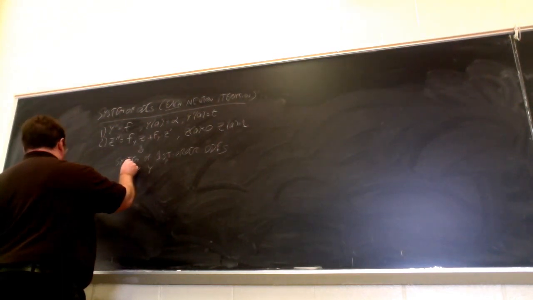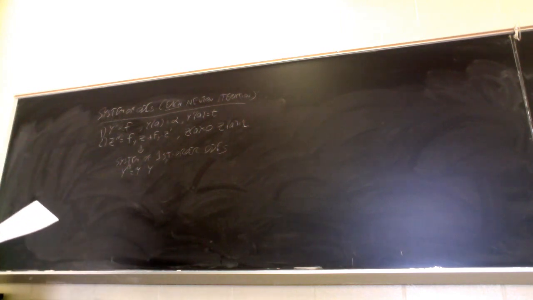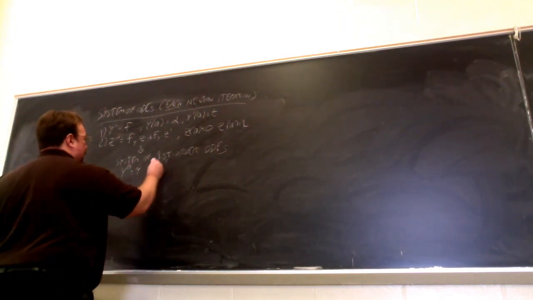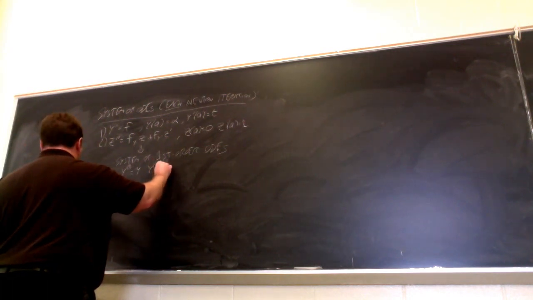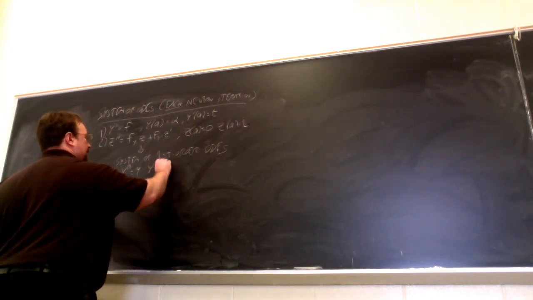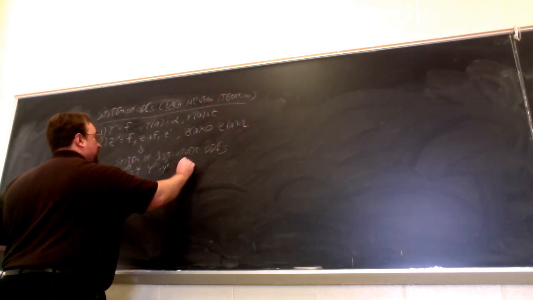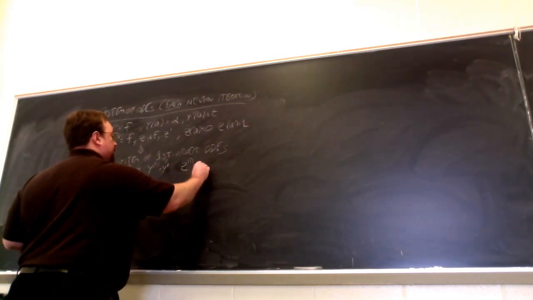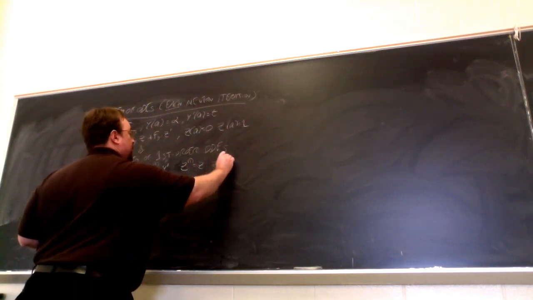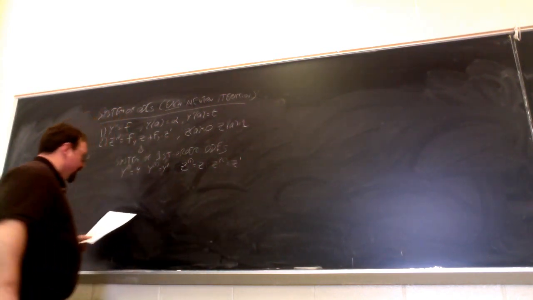I don't use these in the notes, but just to avoid confusion, because a 1 looks a lot like a prime on the board, even though it would not in the notes. So y1 is just y, y2 is y prime, and then z1 is just z, and z2 is z prime.